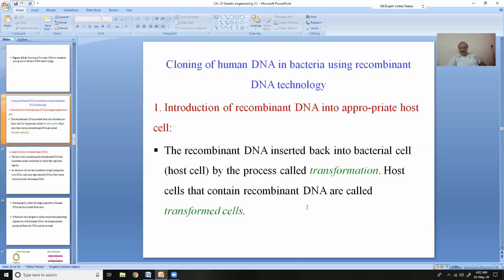Those cells that contain recombinant DNA are called transformed cells.